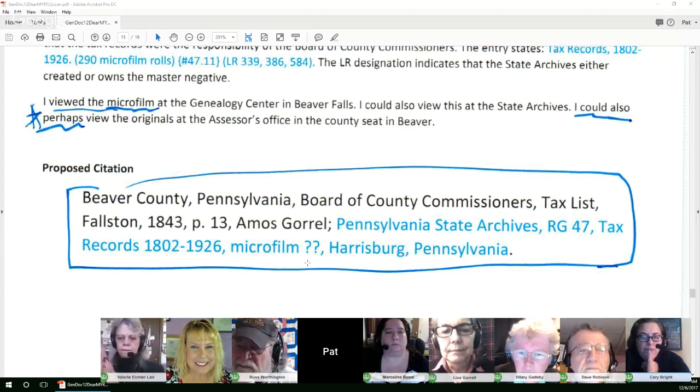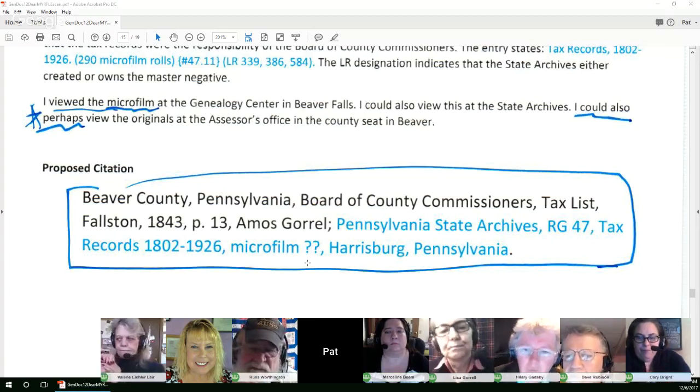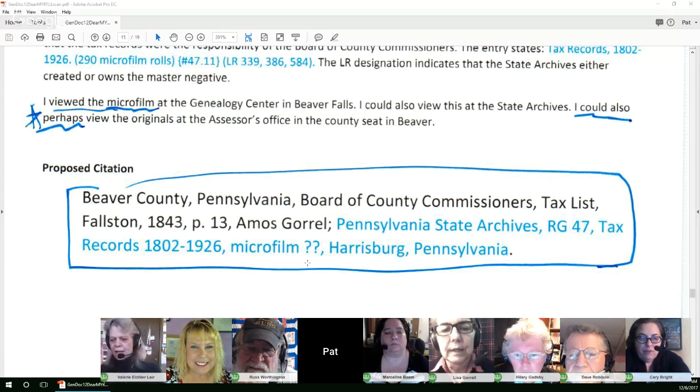And then that informs our ability to interpret the information. It's pretty cut and dry. You paid taxes. Right. But I listed the archives because this was created, the microfilm was created by them. And if someone else wanted to look at this, that's where they could go.